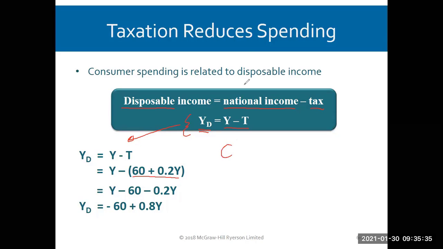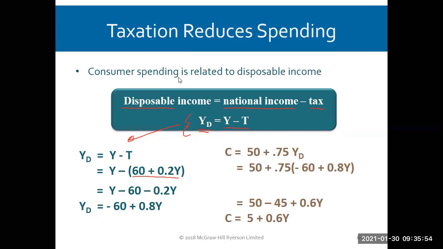Well, here's the interesting part. Consumption used to be out of national income. That's how we looked at it in our simple model. So this is the one thing that is different. It beefs it up a bit. Now we know that consumption has to be spent from your disposable income. So what we do is we add that concept right here. Our consumption function used to be C is 50 plus 0.75Y.